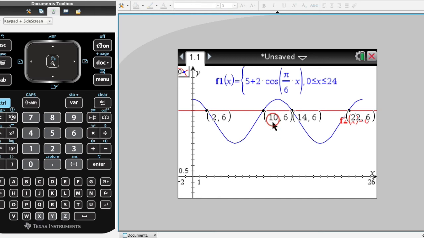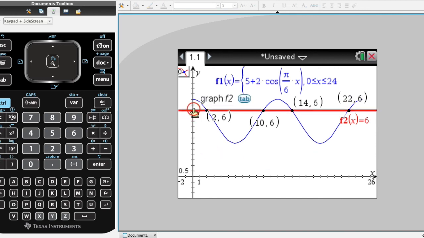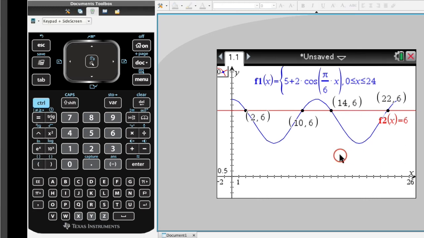To make it really clear, I can just grab some of these labels and move them so you can read them easily. Alright, so basically, as you can see, it's between 0 and 2, it's between 10 and 14, and it's between 22 and 24. So they are the times where it is safe, where we have a clearance of above 6 metres.